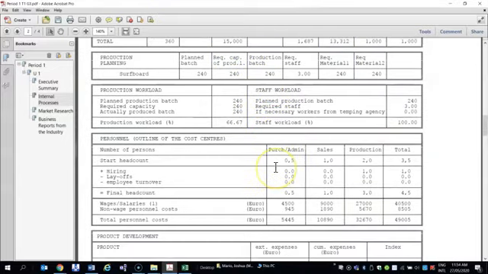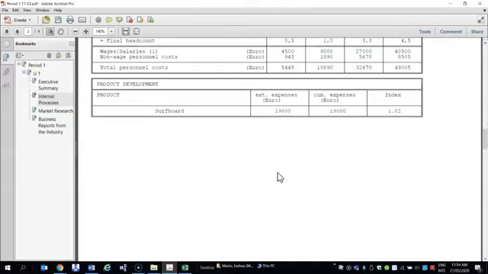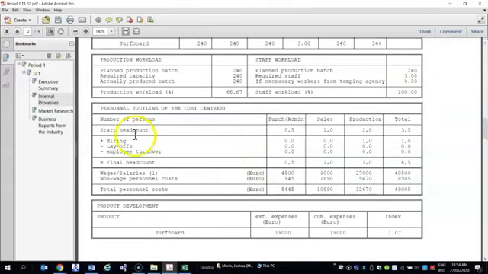Secondly, on this page, most important is you now go to your production. We are looking at final head count. How many employees do you have? Remember, this page is for period 1. For you to plan period 2, you need to understand where you are in terms of period 1.